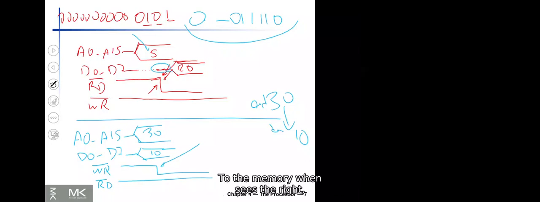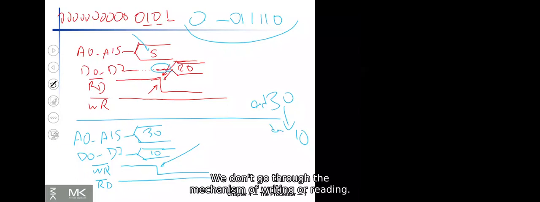When the memory sees the write, it looks at the address, which is 30, so it knows that it should go and write in the 30th location, and gets the value of the data bus, which is 10, then it writes 10 to that location with its own mechanism.